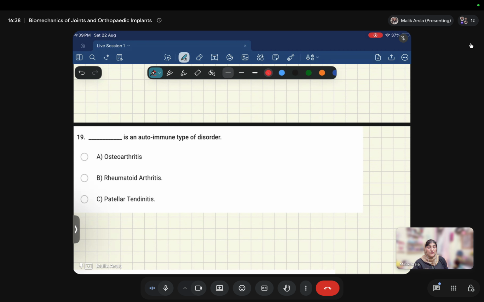Can you tell me what osteoarthritis and patellar tendinitis are? What is the difference? In both of these cases, osteoarthritis and rheumatoid arthritis, the joints start to degenerate. But what is the main difference between the two?